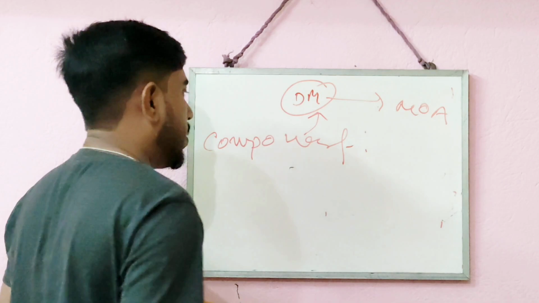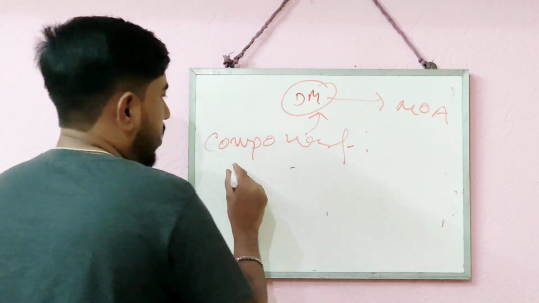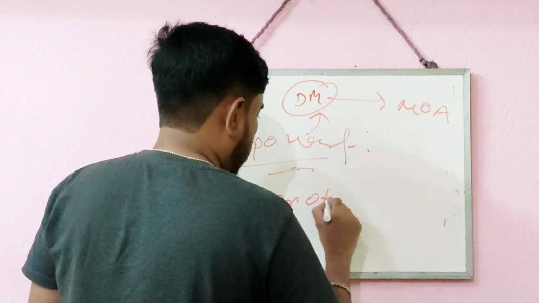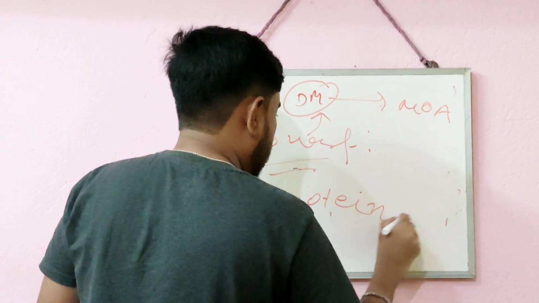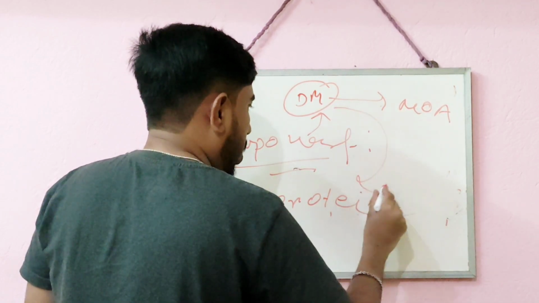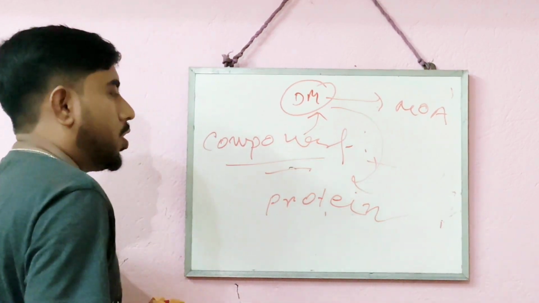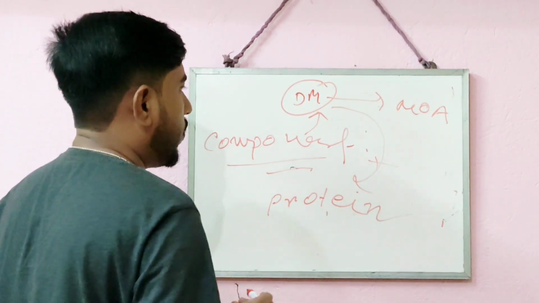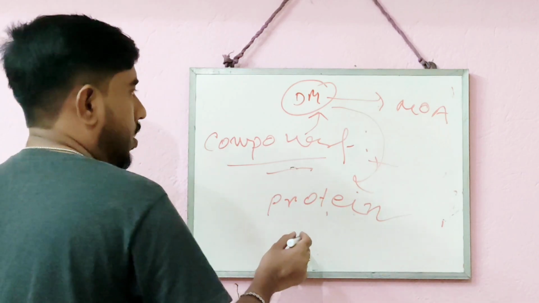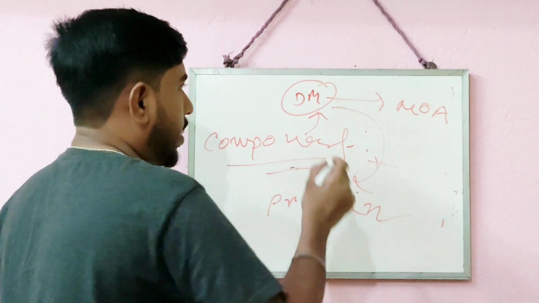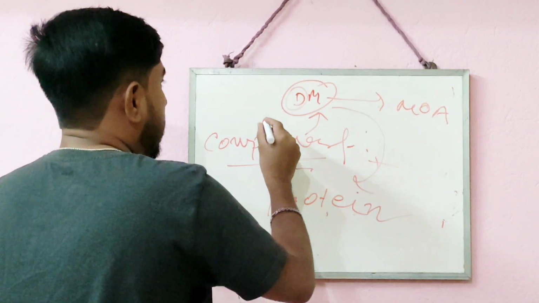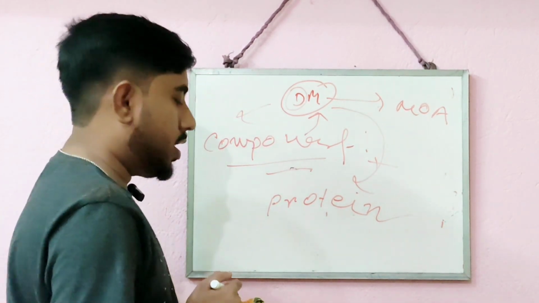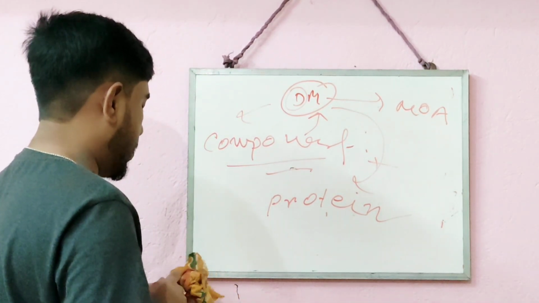Those components are generally proteins in nature, and the drug generally binds to these proteins present in the body, which act as helping components for the drug, and help the drug show its action at the specific site of action when we are taking a drug for a desired therapeutic effect.